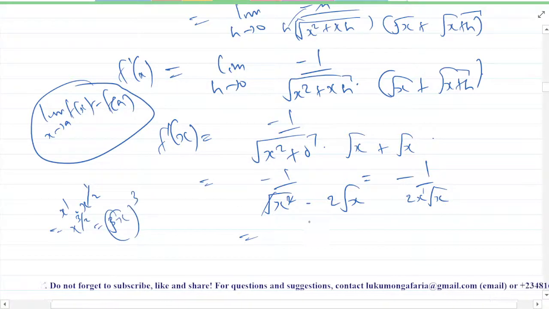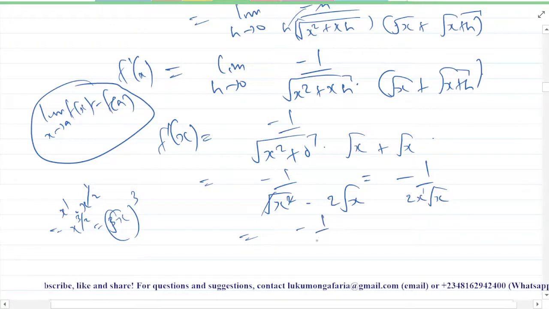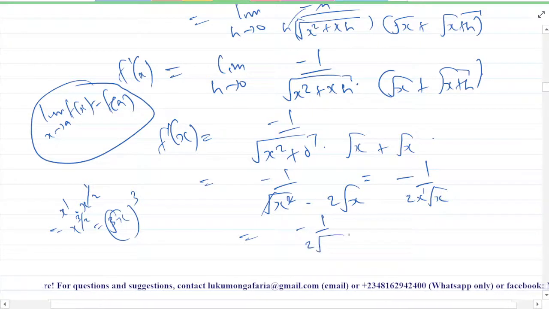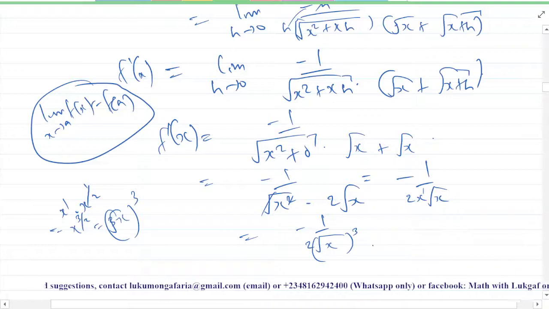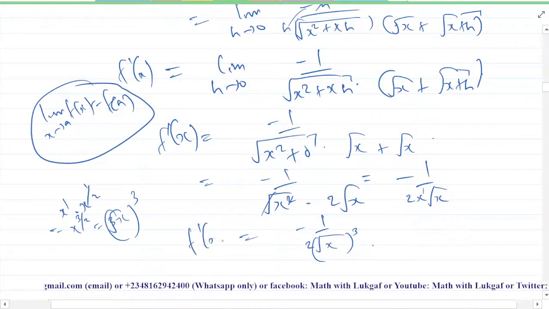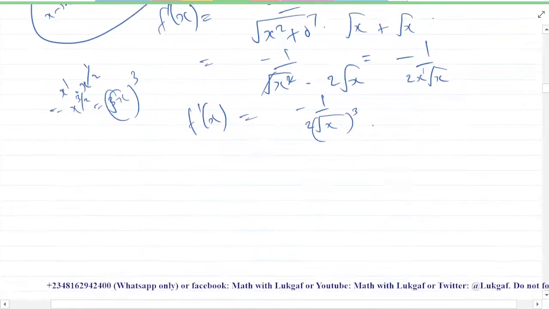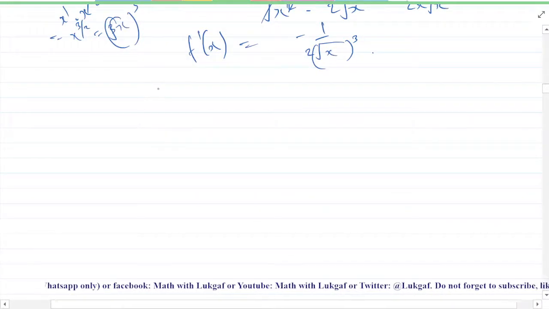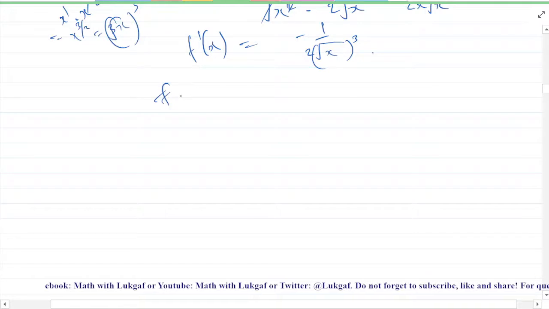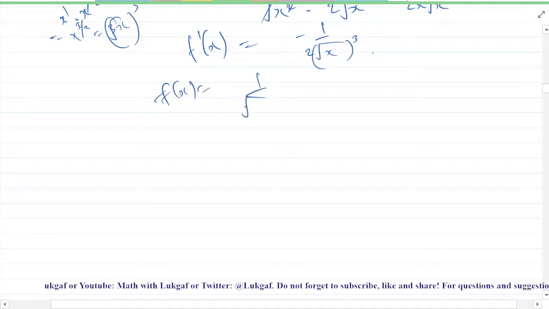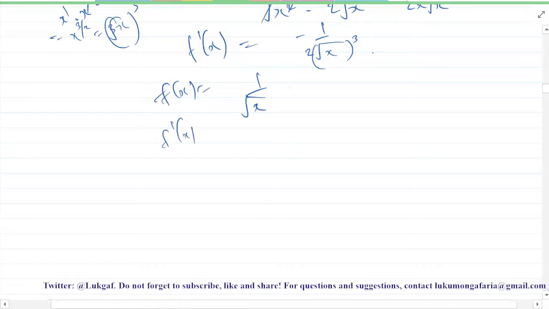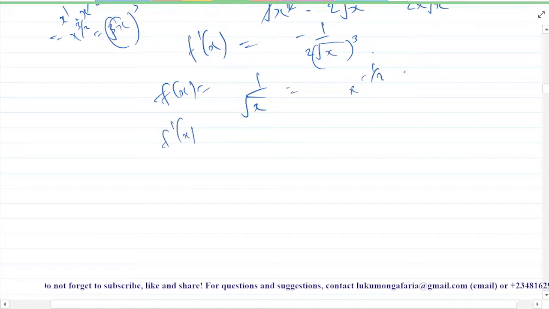You can say minus 1 divided by 2 square root of x everything raised power 3, which we predicted that we are going to have. You can check that again. That is, your f of x is equal to what? 1 divided by square root of x, right? So then your f prime of x, you can write it as x raised power minus half.